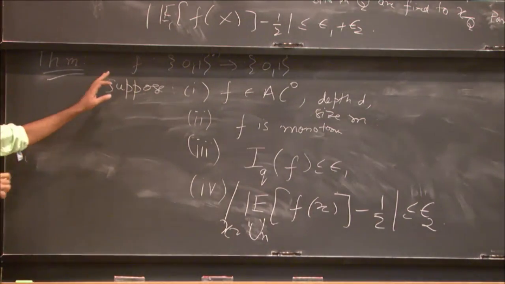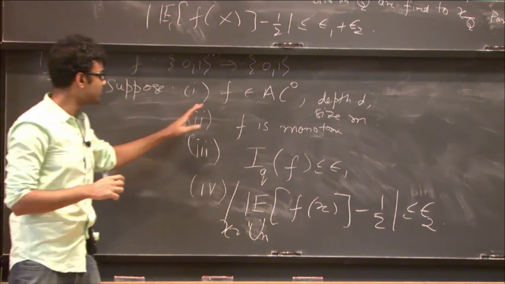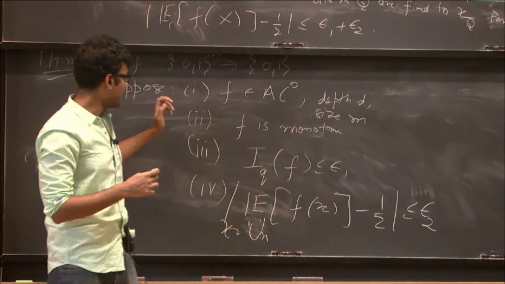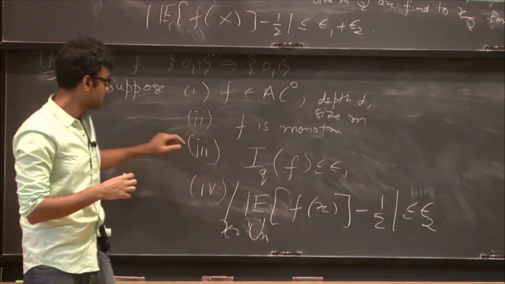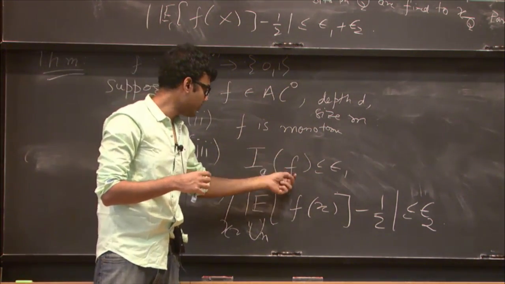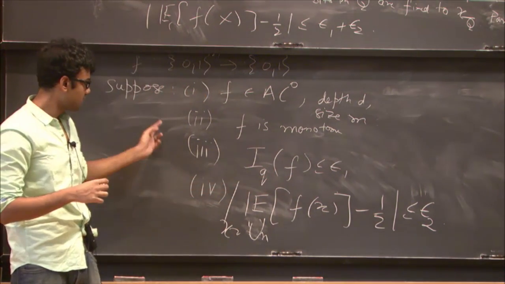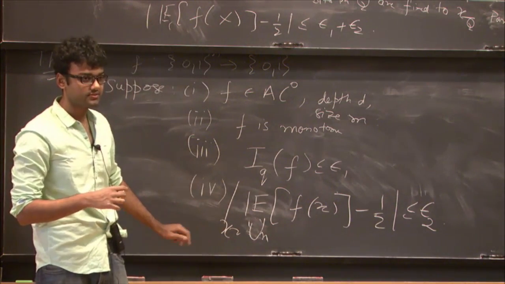Suppose the function f satisfies all these 4 properties. So the first property says that it's a small AC0 circuit. And the second property is that f is also monotone. And the third property says that f has bounded influence under the uniform distribution. And finally, f is balanced under the uniform distribution.